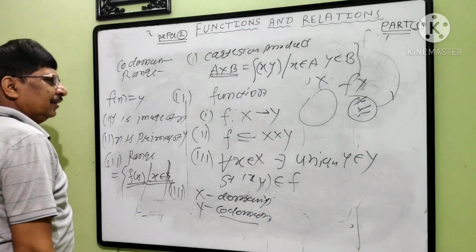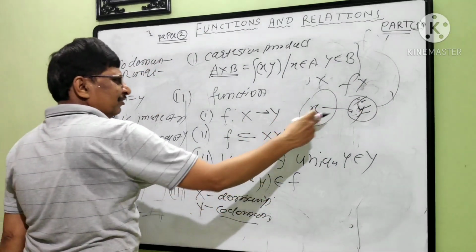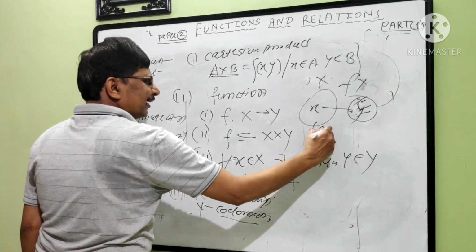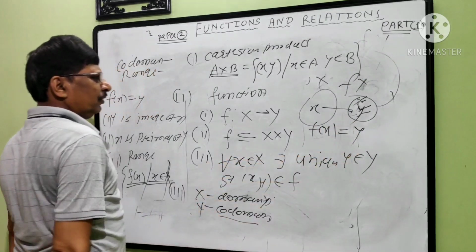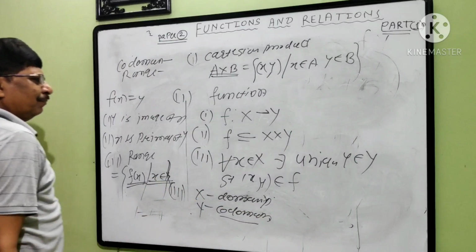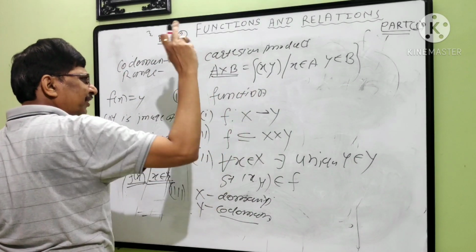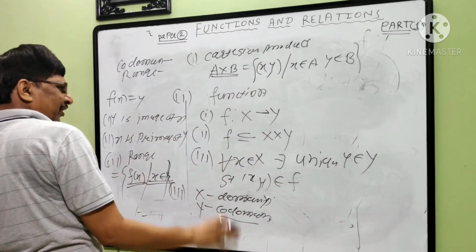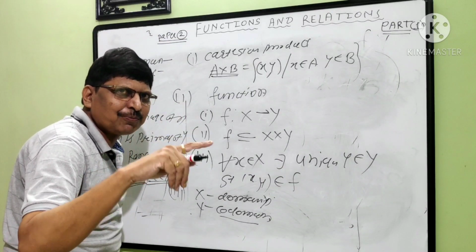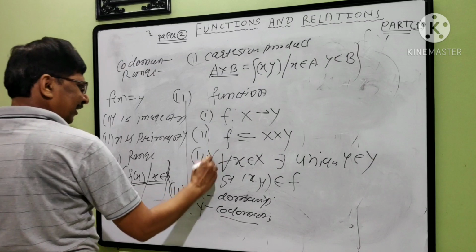That is the range. Suppose x is related to y, then y is the image of x, and x is called the pre-image of y. Writing like this, f of x is y. Range is different. But the first important thing is that it is a subset of the Cartesian product. The second thing is, for every x belonging to X, means for every element in the domain, every word is important.